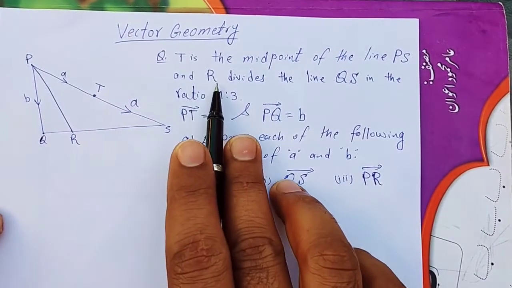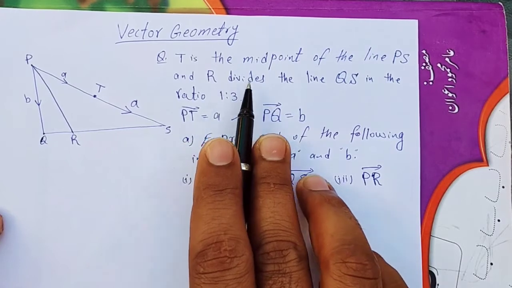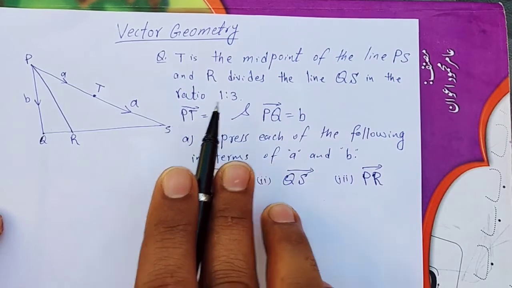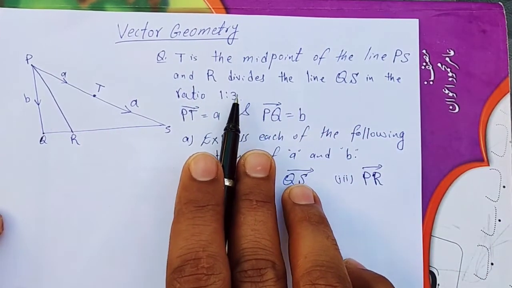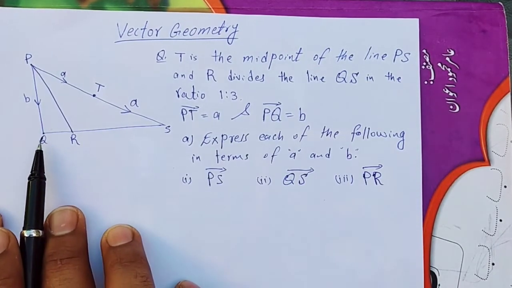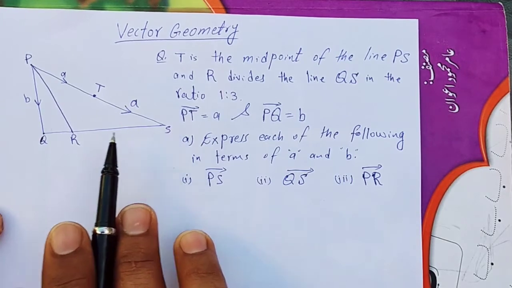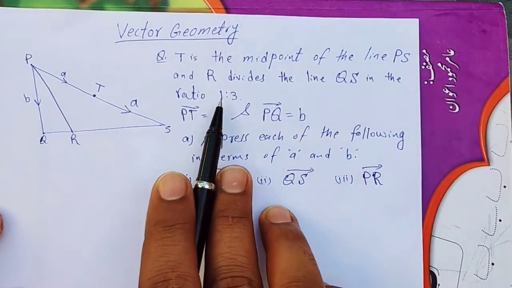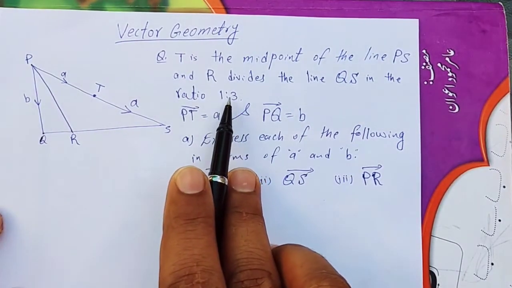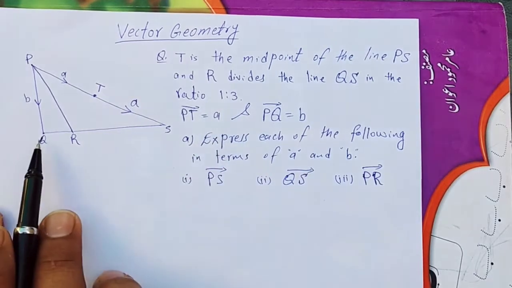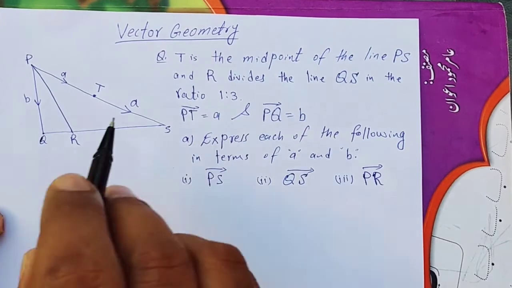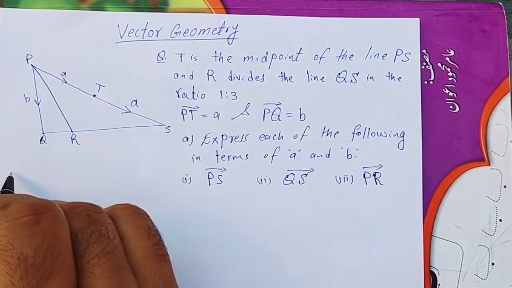And R. They said R divides the line QS, this whole line QS, in the ratio 1:3. So it means QS is the whole line, and QR is 1/4, because 1:3 means the total is 4, and QR is 1/4.